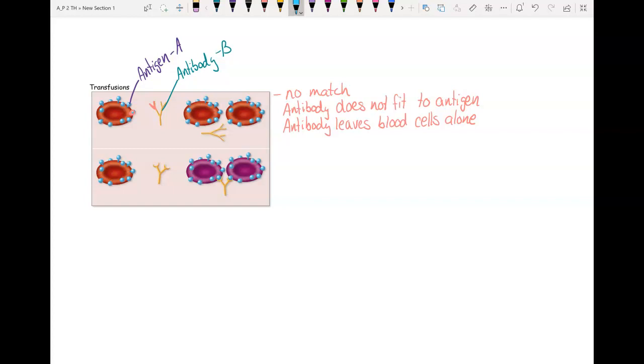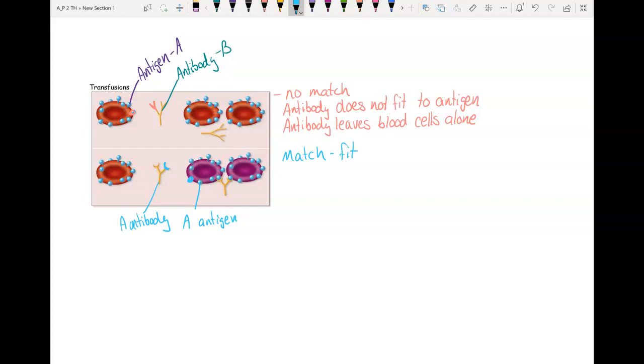Down here, though, notice we do have a match. Their shapes fit. So if this is the A antigen, and this is an A antibody, they fit together.